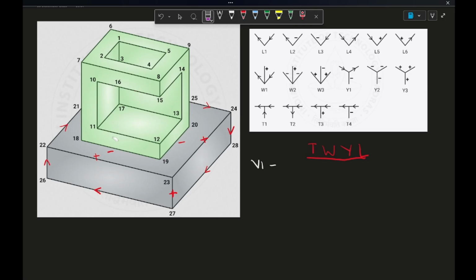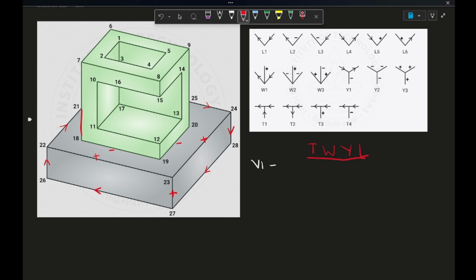Let's just remove these for the sake of doing them step by step. So we know because of this right angle and this right angle that these two are concave edges because their right angle points towards an empty space. What about this thing?